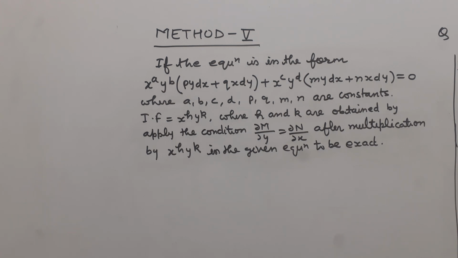Then we multiply the given differential equation by x^h y^k, and obtain the values of h and k by applying the condition ∂M/∂y = ∂N/∂x after multiplication by x^h y^k in the given equation to be exact. Now we take some questions on this method.